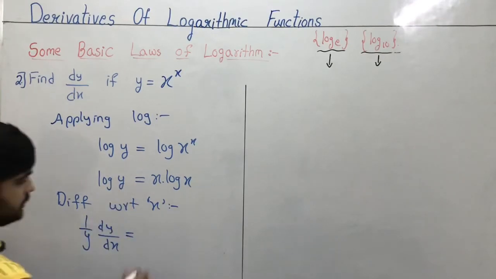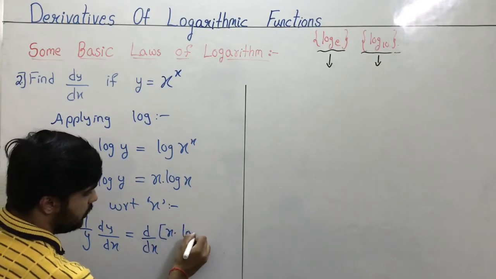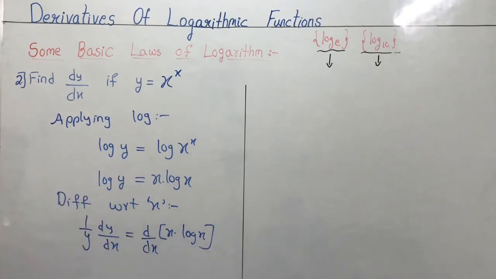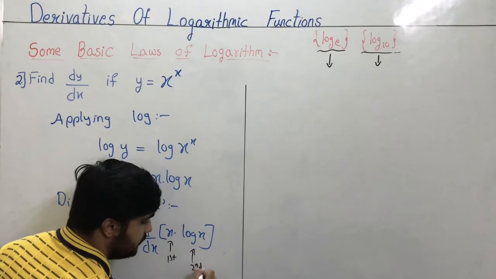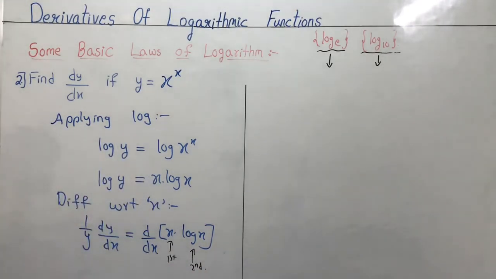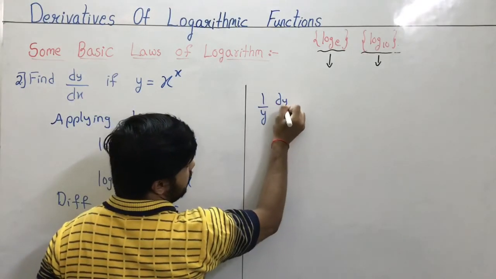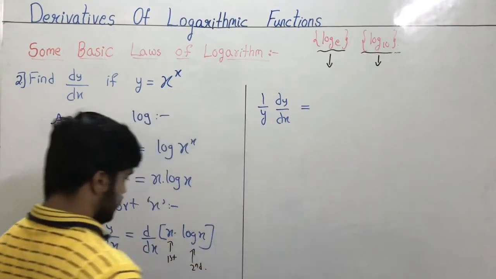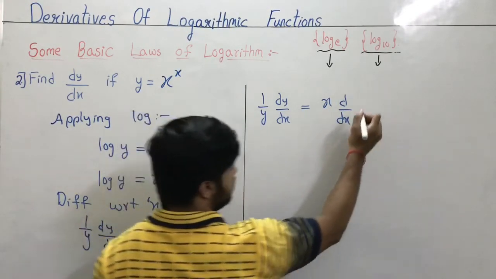So this will be the derivative of x into log of x. So UV rule again: first function as it is, derivative of second, plus second function as it is, derivative of first. You can remember this sentence.